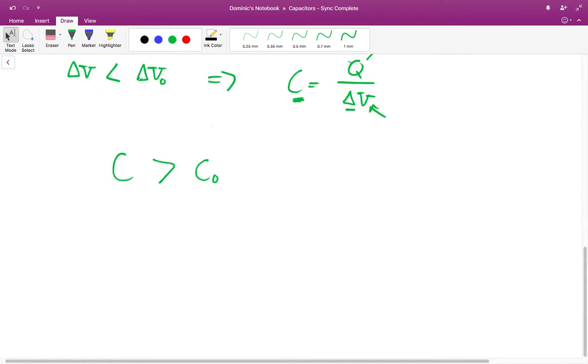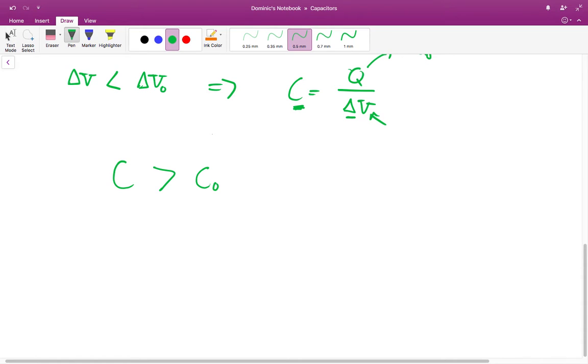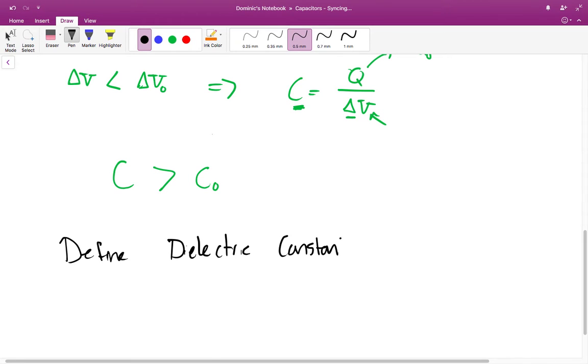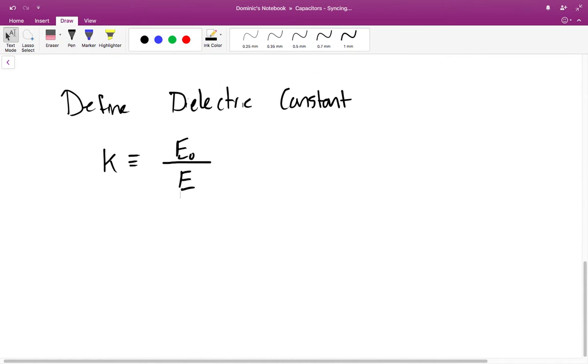All right, and so we're going to define something new here. This is going to be the dielectric constant. We're going to give this the symbol kappa. It's a Greek letter, looks like a K. And we're defining this as the electric field E naught, the electric field of a capacitor with a vacuum, so there's nothing in there, divided by the new electric field after we've inserted some kind of material in there.